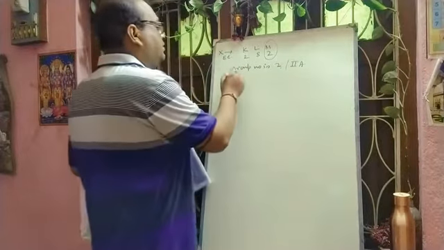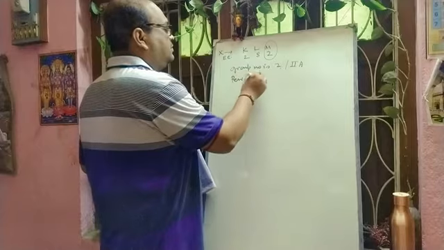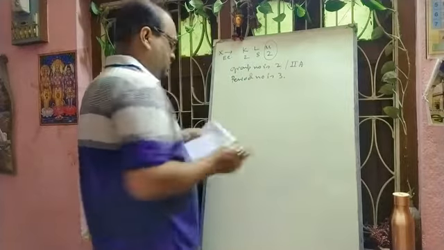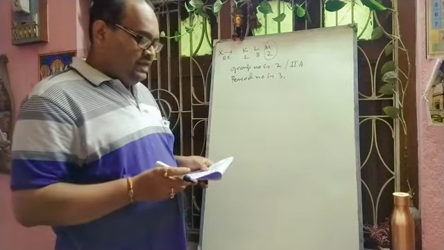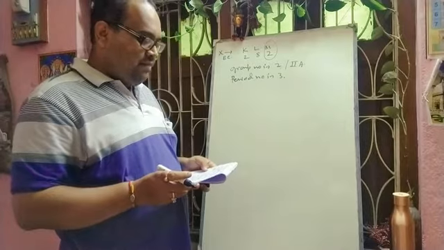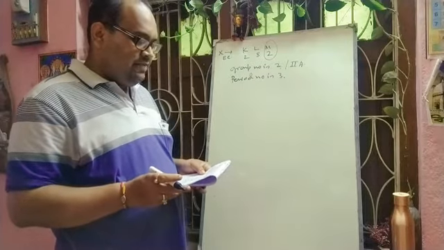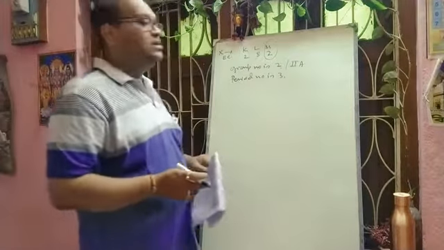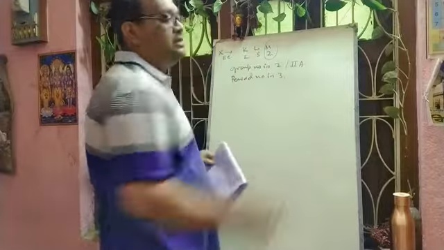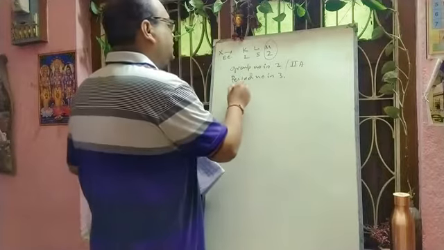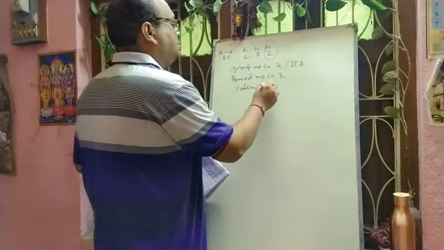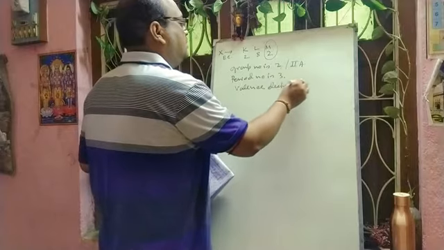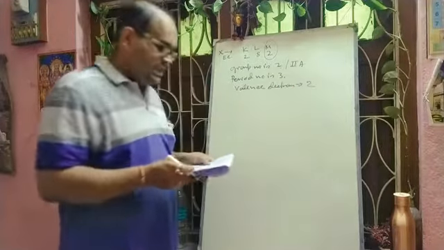So period number will be 3. Next one is, what is the number of valence electrons of an element X? Valence electron means outermost shell electron. So definitely the valence electron in this case of X will be 2.